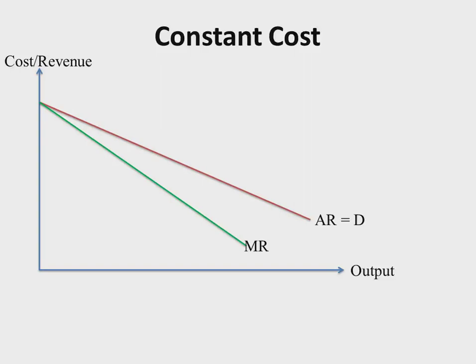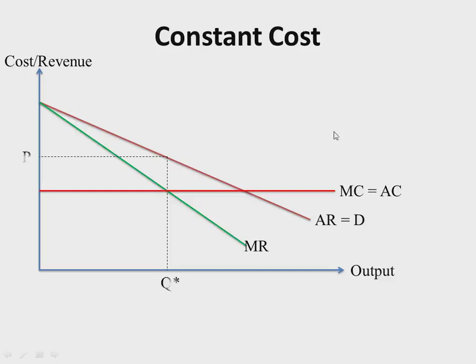Our marginal cost and our average cost will be equal and horizontal, as presented. Still, the rule remains that the monopolist will maximize profit at a point where marginal revenue equals marginal cost, and that is at this point here. If we draw that and get the corresponding price, we get the monopoly equilibrium, where price is P and output is Q star.